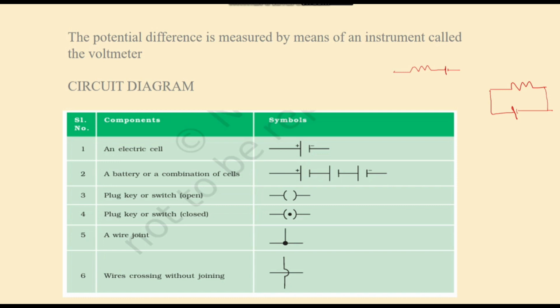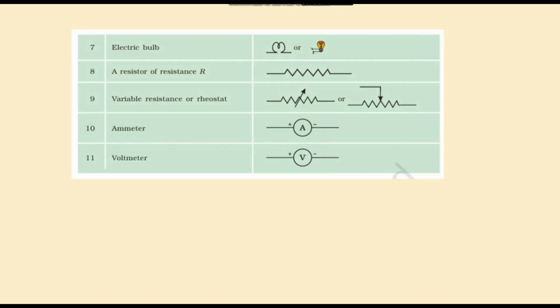The instruments, the electrical components, are represented by some symbols. These symbols are: an electric cell, the symbol is this; a battery or combination of cells, where 1 cell, 2 cells, 3 cells are connected in series; a plug switch, this is an open switch, this is a closed switch; wire join, this connection; wire crossing without joining, this symbol; an electric bulb; a resistor symbol; and a variable resistor.